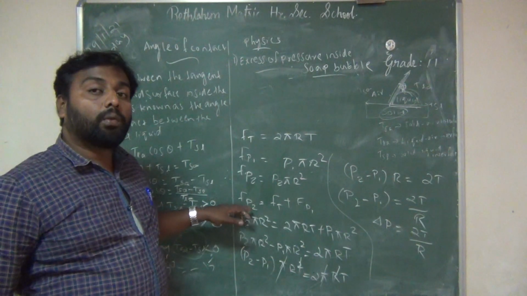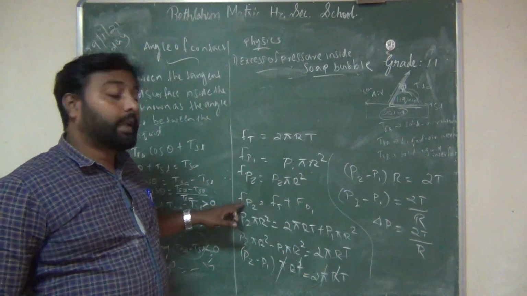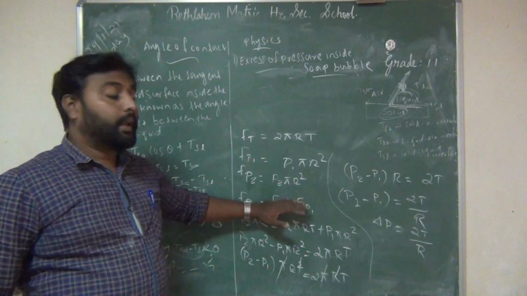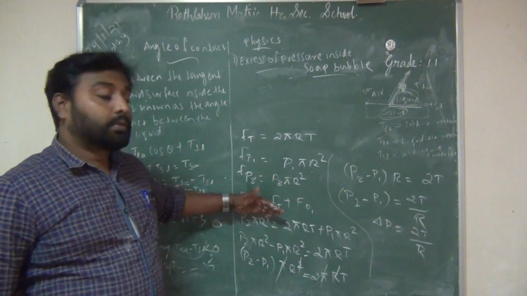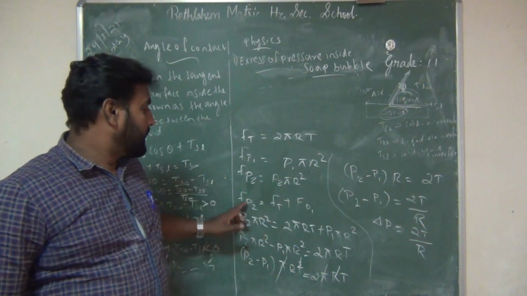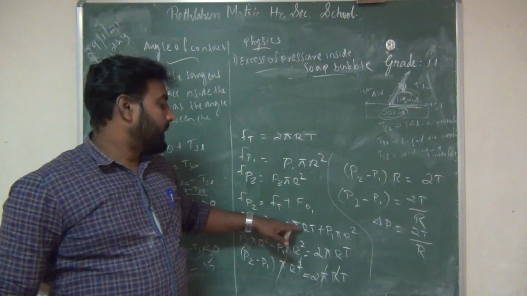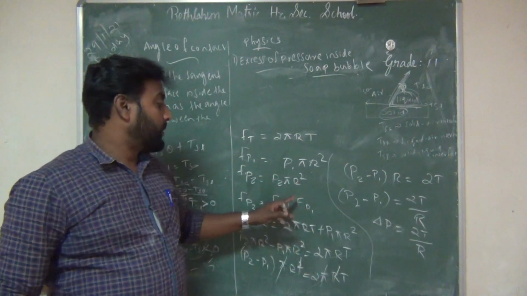Now to find the excess pressure, the inside force is equal to Ft plus the outside pressure force. Substituting, P2 pi r square is equal to 2 pi r T plus P1 pi r square.